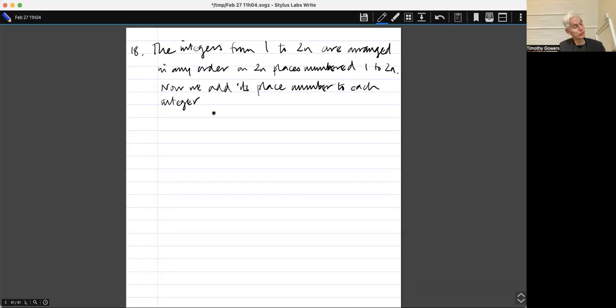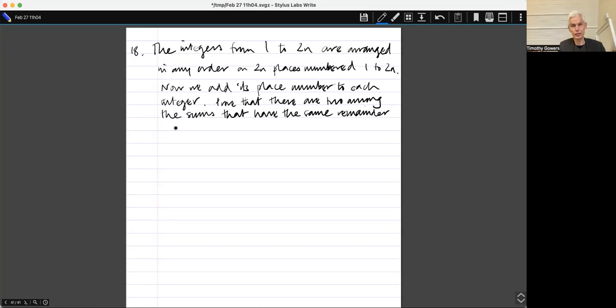Prove that there are two among the sums which have the same remainder mod 2n. So I feel as though this should be not too hard a problem if I'm sensible about it.